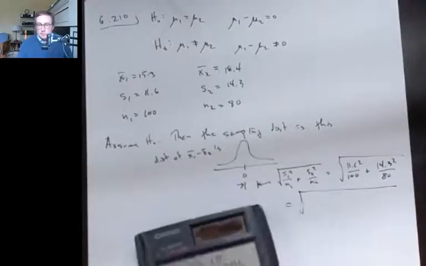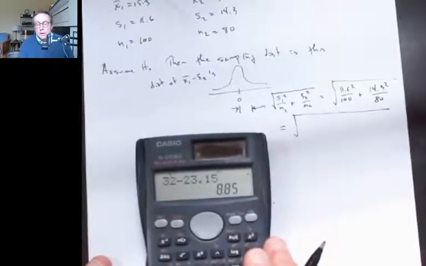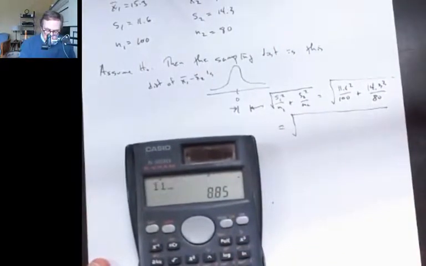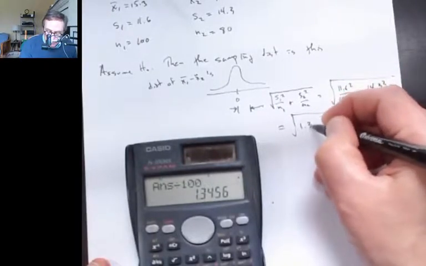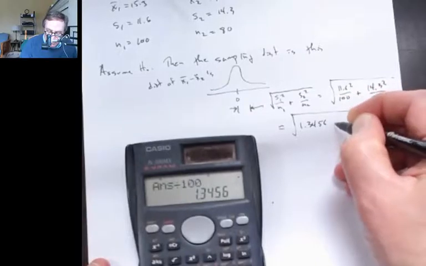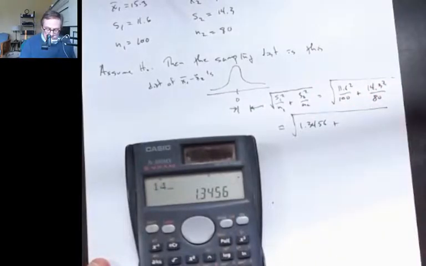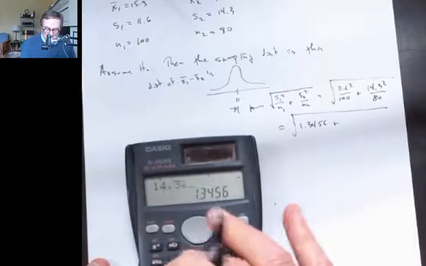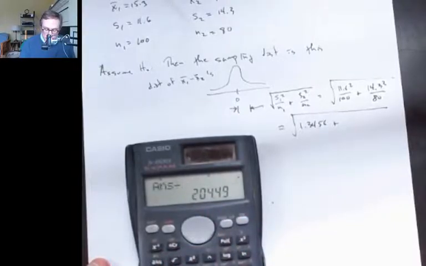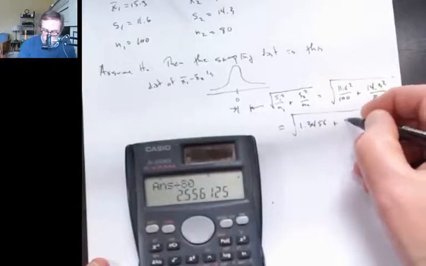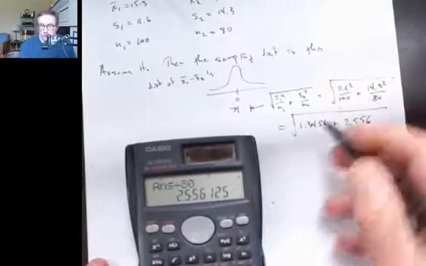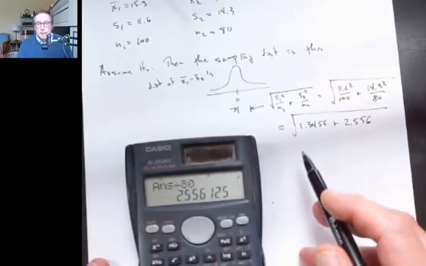Let's see how I do. 11.6 squared, divided by 100, so that's 1.3456. 14.3 squared, divided by 80 equals 2.556. I won't write them all down. The fifth or sixth decimal place is not going to matter to us.